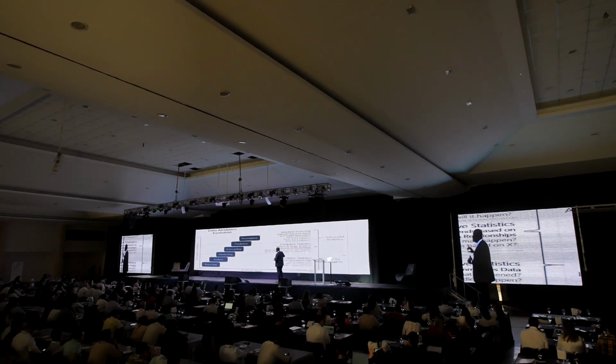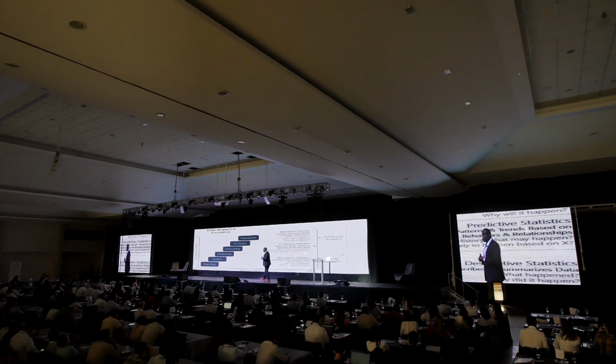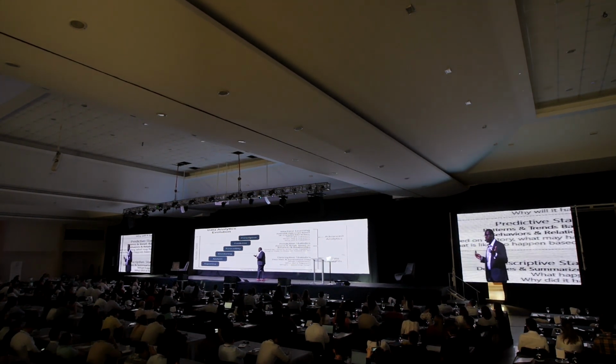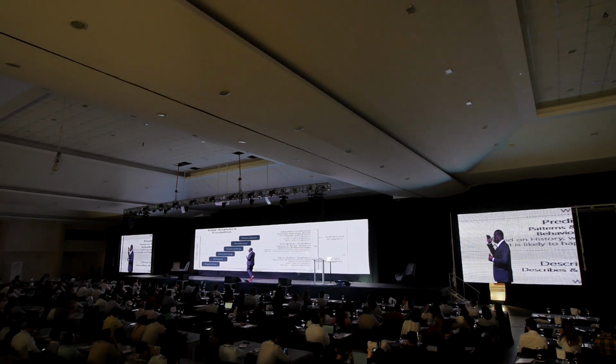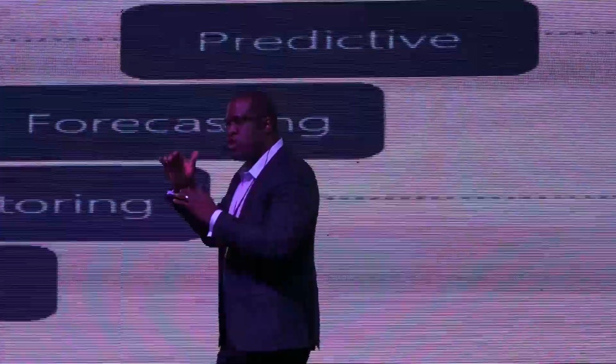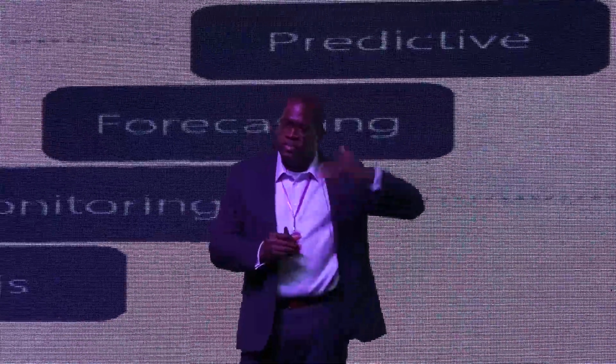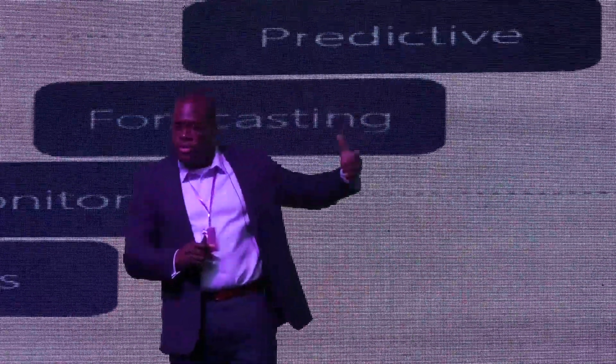Now, most organizations are still in the bottom tier, and I'll walk you through a couple of case studies, and you'll see where organizations are, and it's okay to be in the bottom tier. It really is. But what you have to do is, hey, you have to strive. How am I going to go from just being descriptive to now starting to predict, to now being more prescriptive about how I handle the analytics that I have?